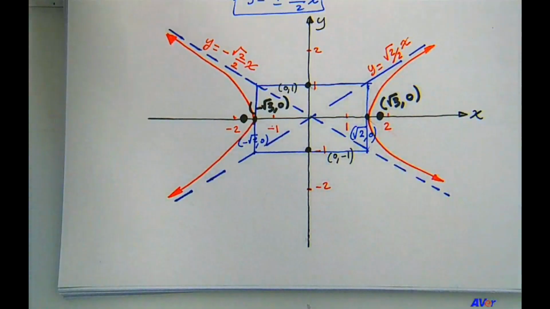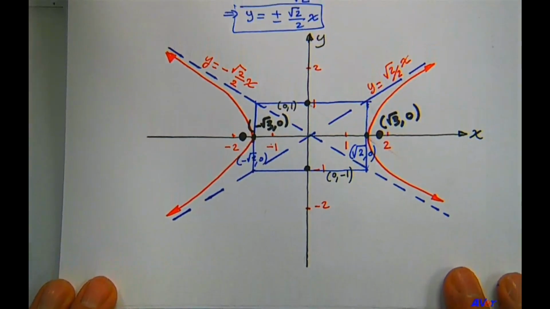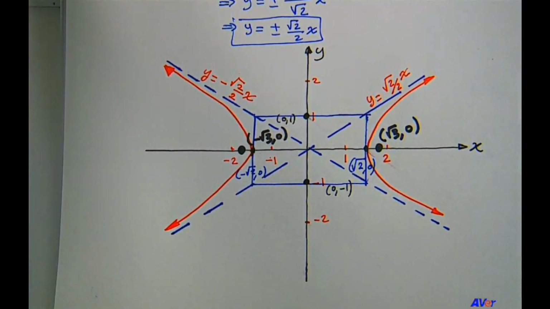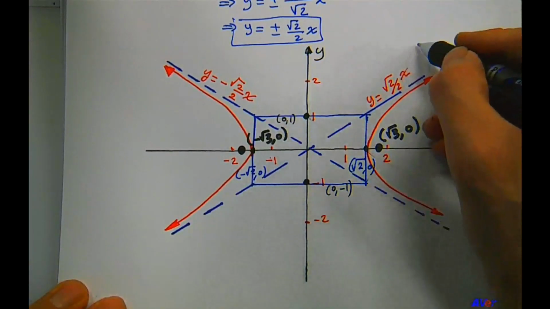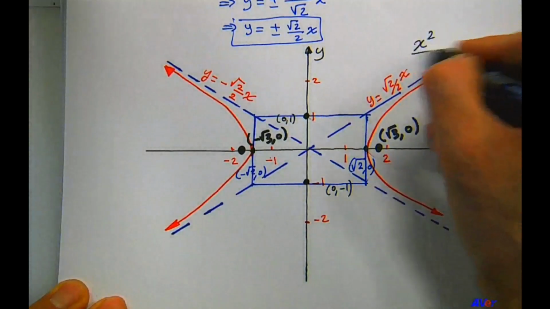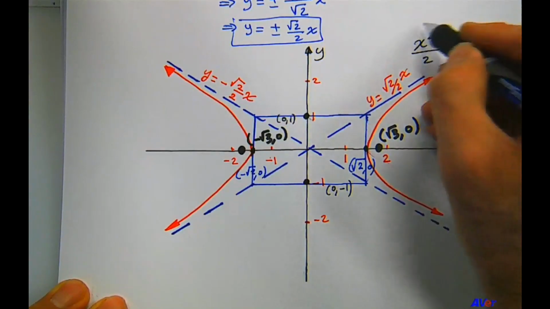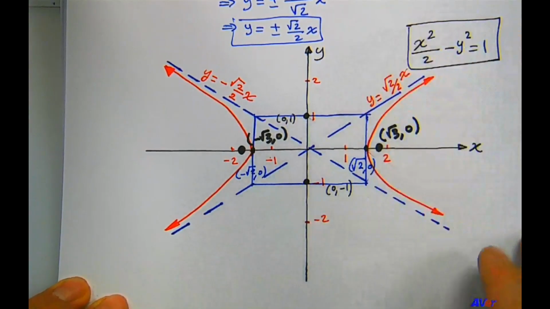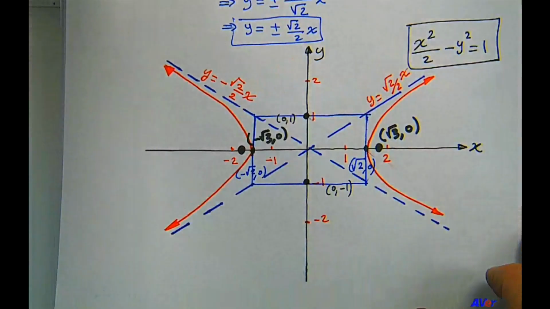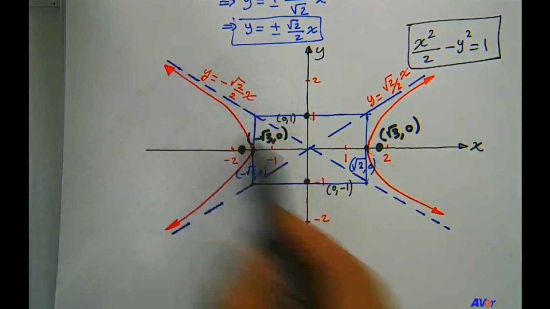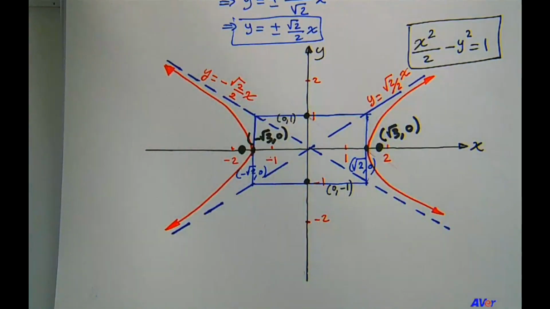Okay, so this is our hyperbola, and the equation is off the screen. Let me write it here. So we were given x squared over 2 minus y squared equals 1. So there's the equation of the hyperbola, and those are the equations of the asymptotes. Okay, so let's do another example.